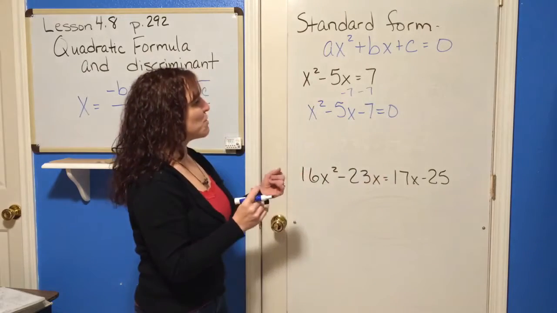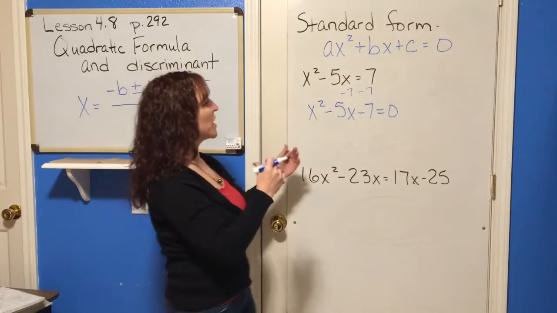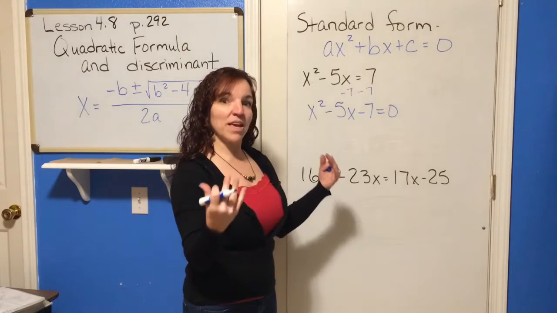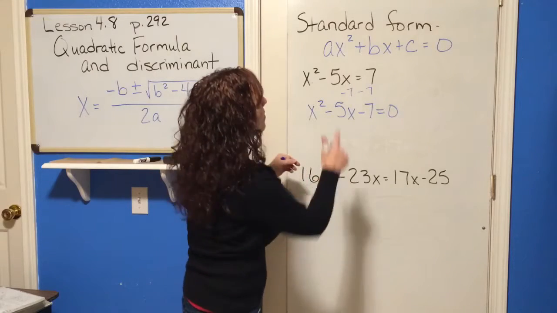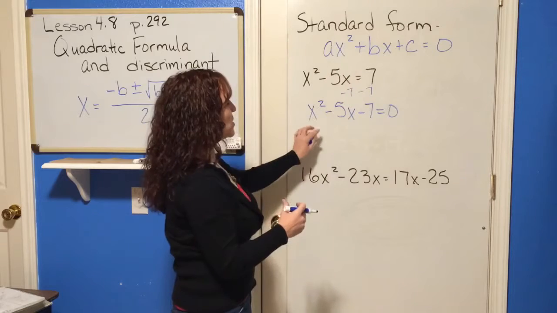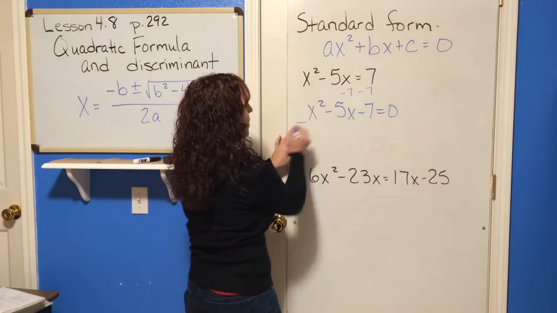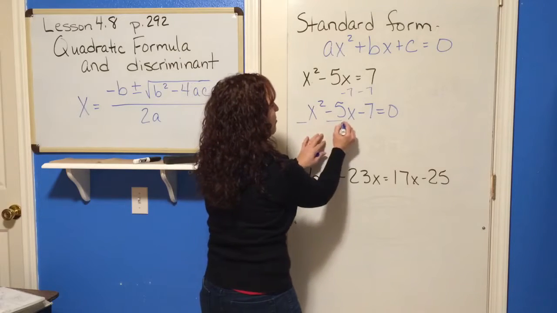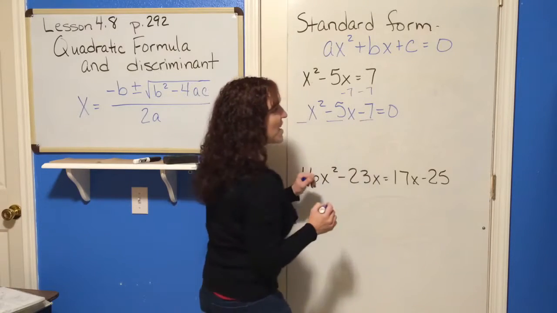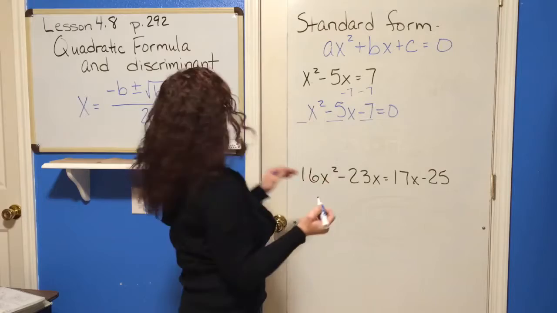So now it's just a matter of determining what is my a, what is my b, and what is my c. So the a, b, and c are the coefficients of your variables. So your a in this case is 1. Your b is negative 5, and your c is negative 7. So let's just put it into the formula.